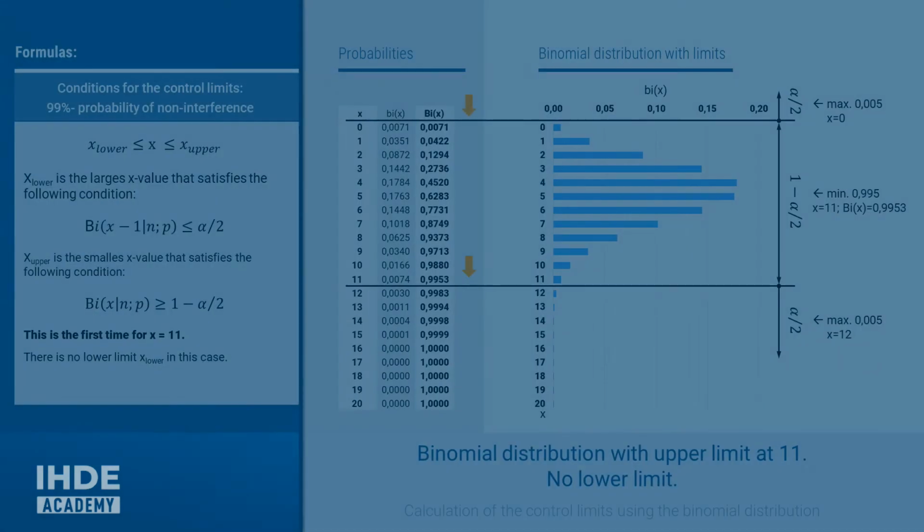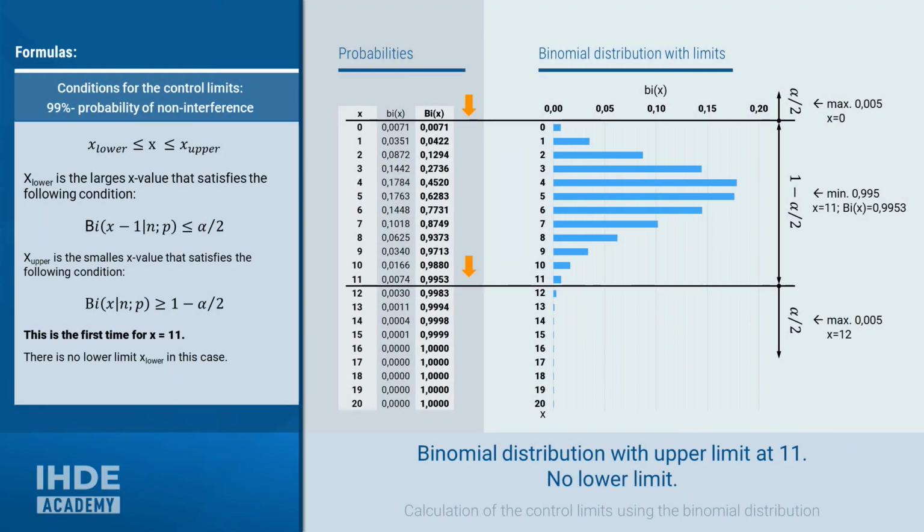Again, for the upper control limit. Based on the chosen non-interference probability, we are looking for the x value for which the following condition is met for the first time. The cumulative probability must be equal to or greater than 0.995. If x is 10, the cumulative probability is 0.988.